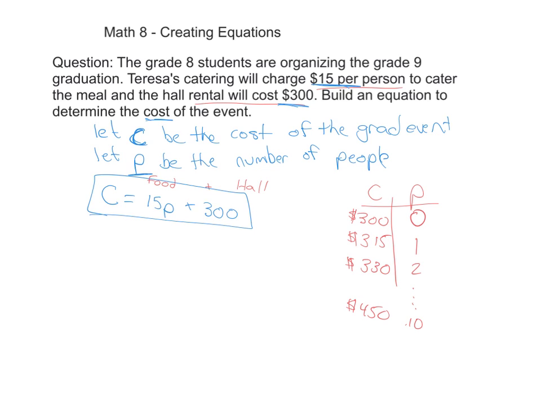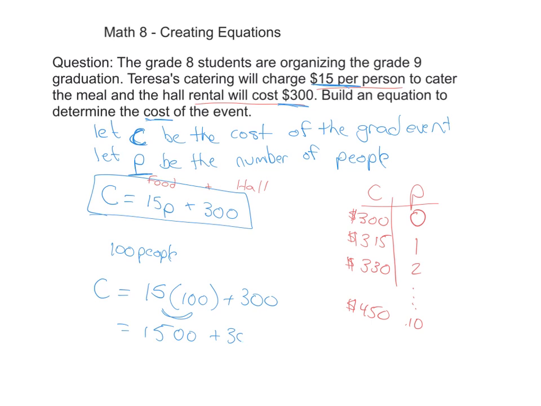So you can see we have now built an equation that describes how much it would cost to run the graduation event. Let's say, for example, 100 people come to this event. We have a big grad party. How much is it going to cost? Well, the cost is equal to 15 times the number of people, which in this case is 100, plus 300. Order of operations says I do my multiplying first, so 15 times 100 gives me 1,500.